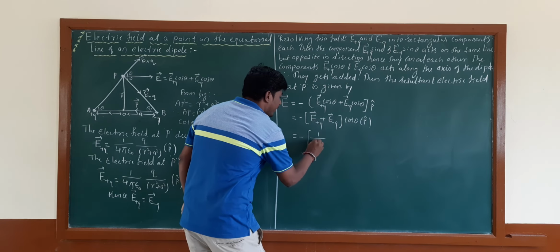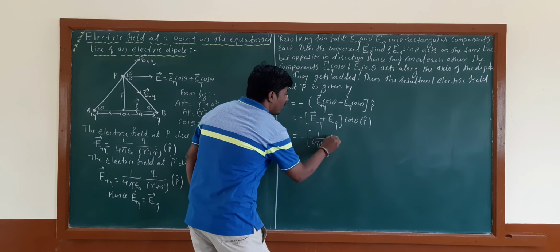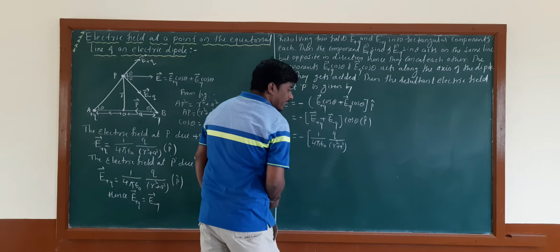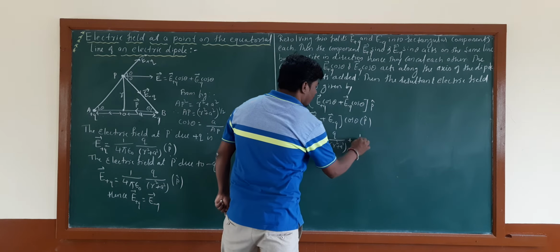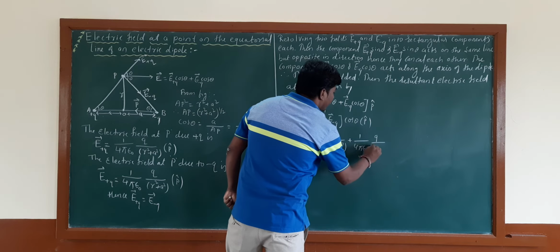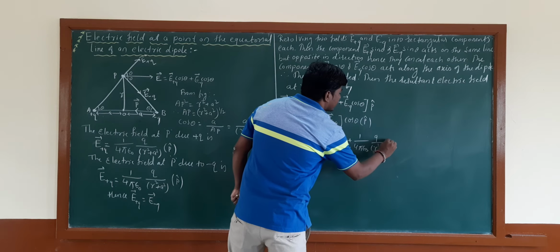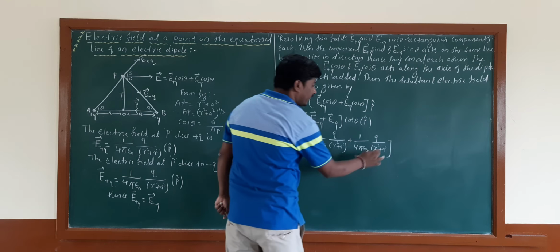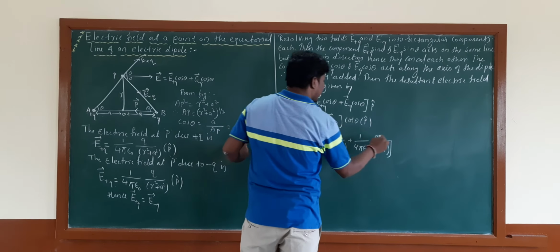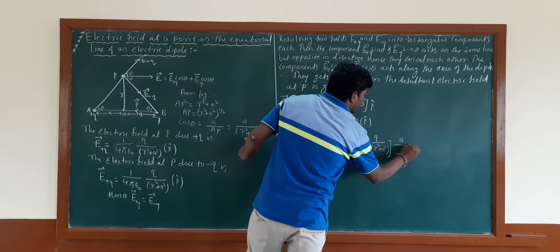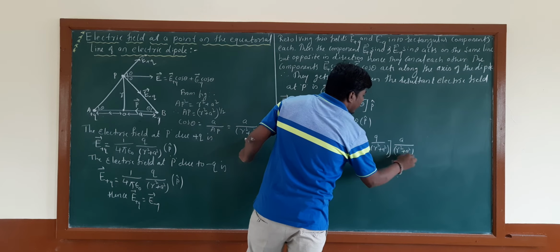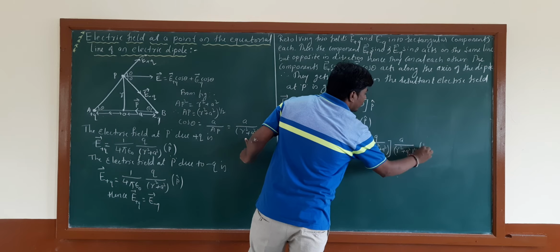It is 1 divided by 4 pi epsilon naught Q divided by R square plus A square, plus 1 divided by 4 pi epsilon naught Q divided by R square plus A square, cos theta. What is cos theta here? Cos theta is nothing but A divided by R square plus A square raised to 1 by 2, P cap.